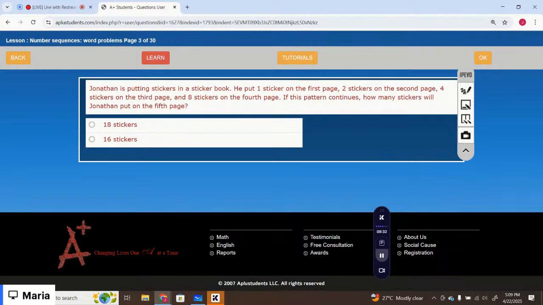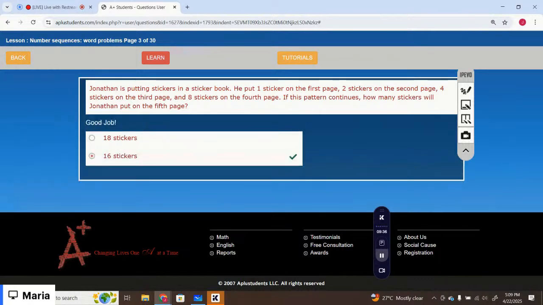That is 16 stickers. Option number 2 is the correct option.